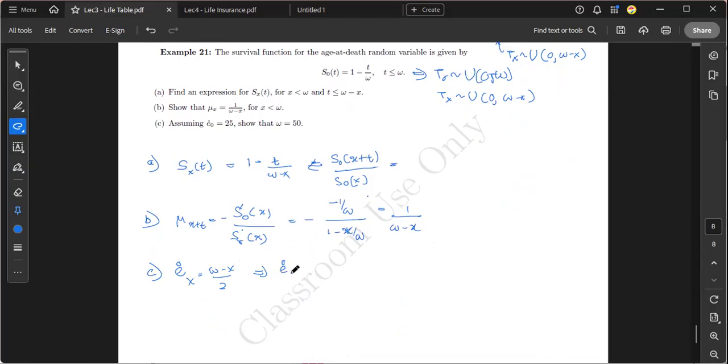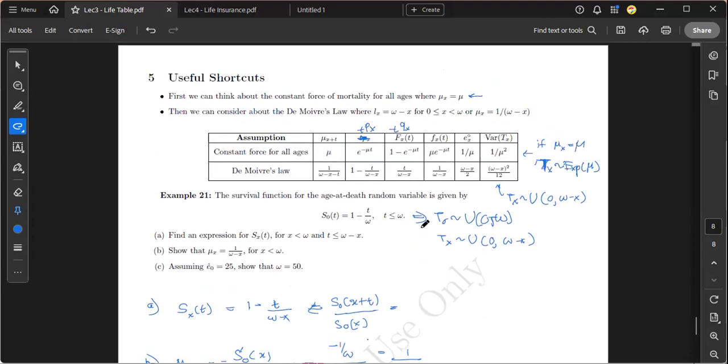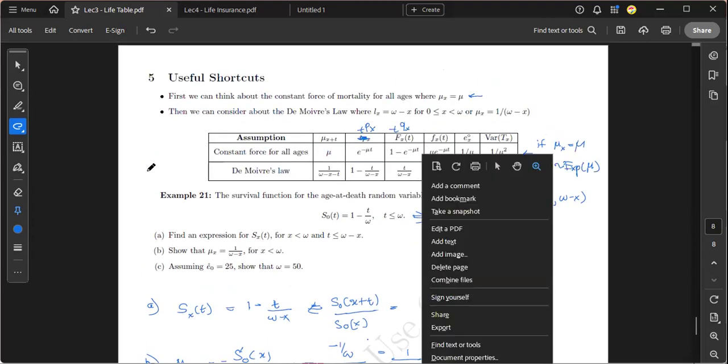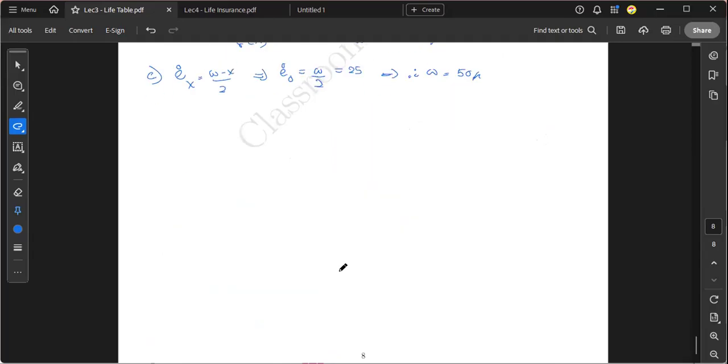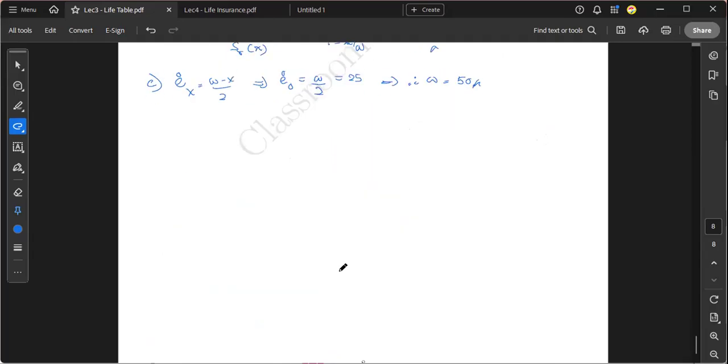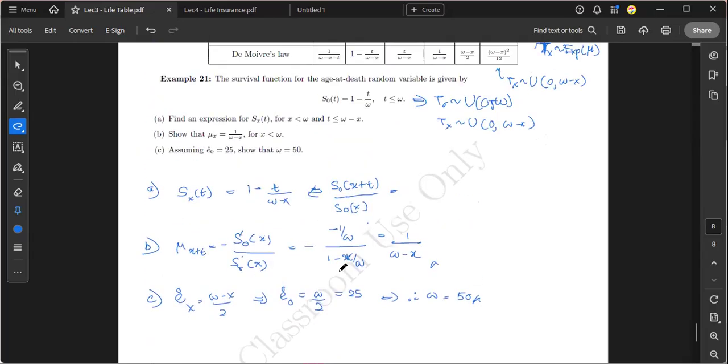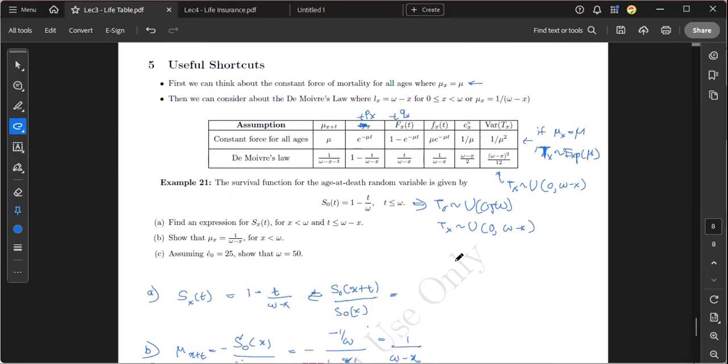If this occurs, then this is equal to omega over 2, which is equal to 25, and omega is 50. So likewise, you can use these equations directly and do the calculations. No need to derive those things.